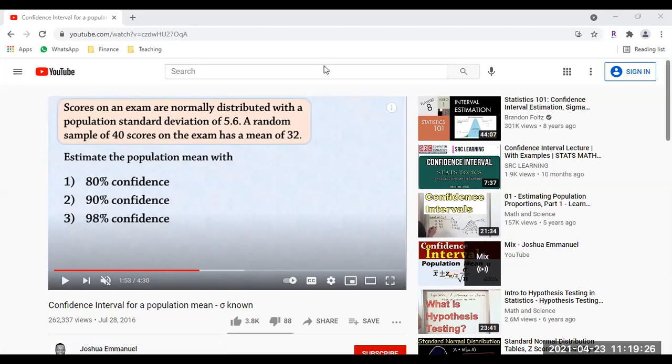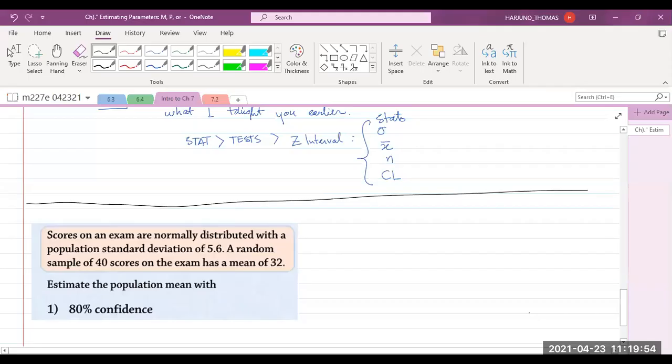Scores on exams are normally distributed with a population standard deviation 5.6. A sample of 40 scores has the mean of 32. Going back to our notes. Estimate the population mean with 80% confidence.